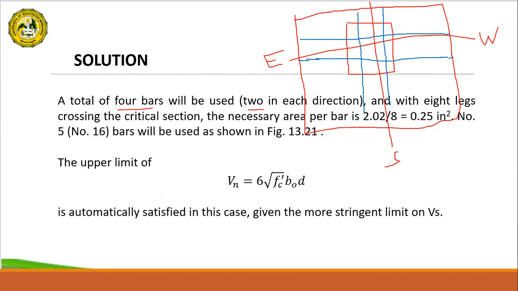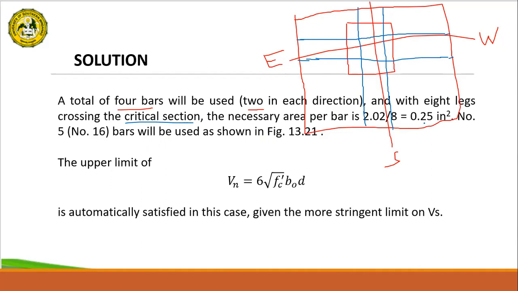So, itong 8 legs, so itong 1, 2 legs plus 3, 4 legs, then another 5, 6 legs, and 7 and 8 legs crossing the critical section. Kasi ito yung critical section, so it should cross no yung ating reinforcement dito. Then the necessary area per bar is 2.02 square inches divided by 8 kasi 8 yung ating legs no, 1, 2, 3, 4, 5, 6, 7, 8, no?